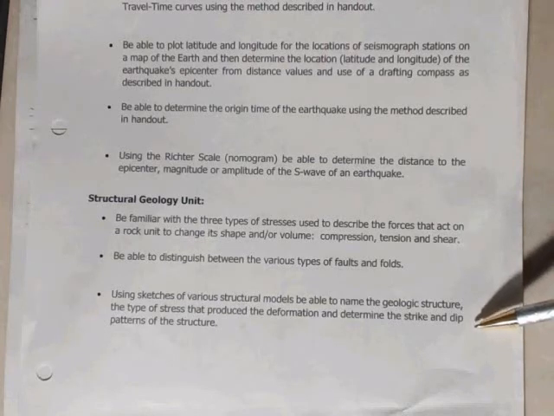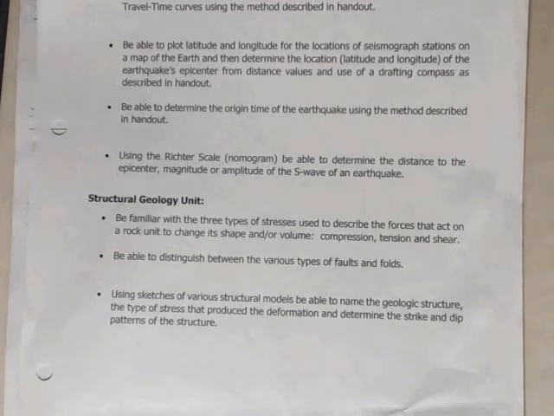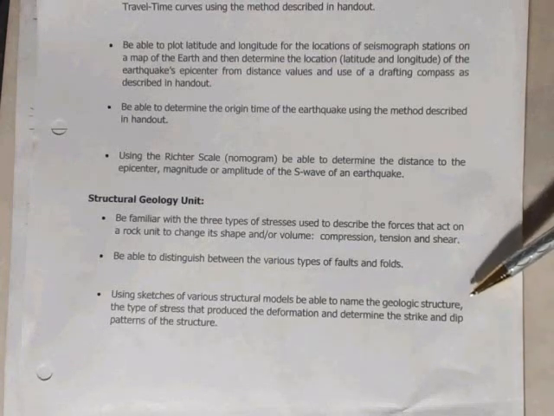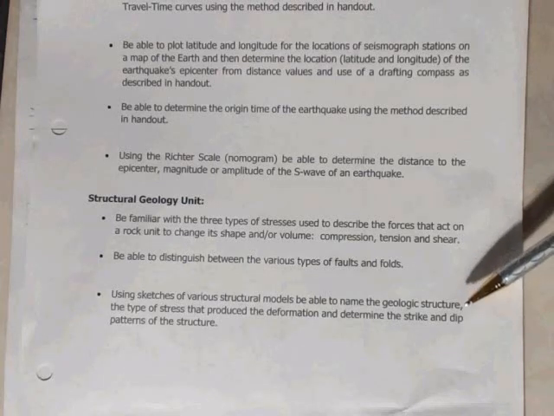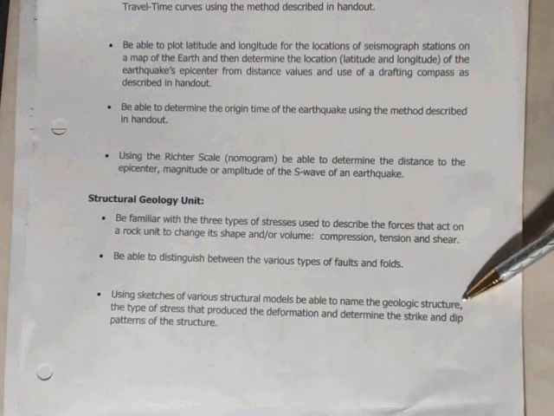So I could ask you a question, give you some choices of a strike and dip pattern, and you could arrive at the correct pattern from what we had talked about for the various structures, what the map image would look like to a geologist to help them figure out, just from the map view and the strike and dip pattern, what that geologic structure is. So a lot with the last couple pages, pages 7 and 8, is what this is pertaining to. So hopefully you can do all that.